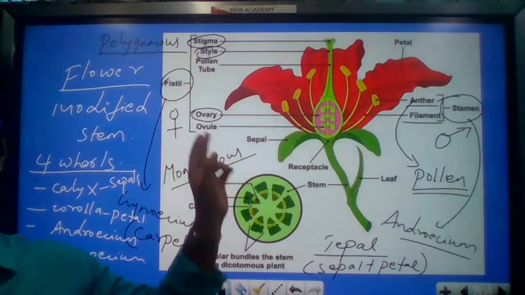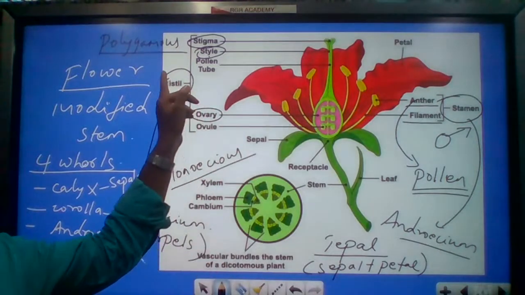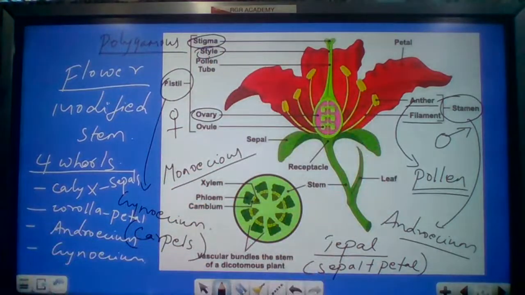That condition we call the polygamous condition. So this is the introduction part of the flower.